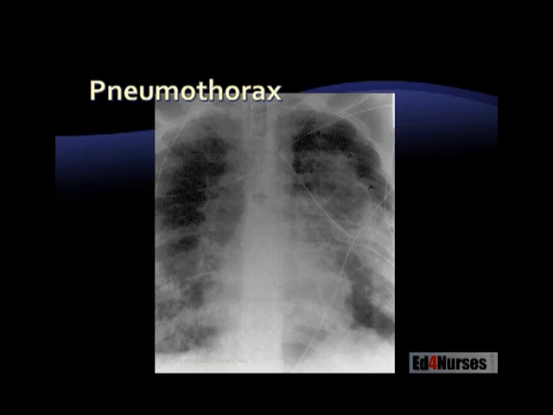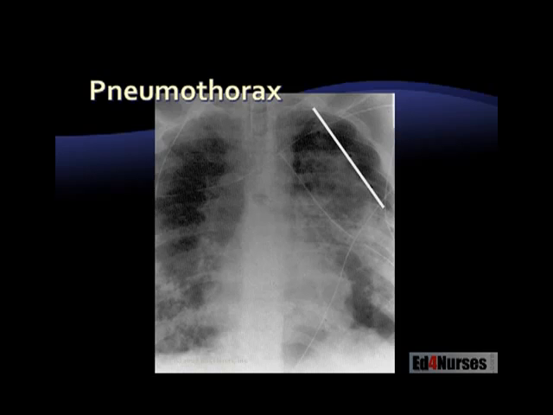All right, now what we're looking for here is a pneumothorax. A pneumothorax is going to look like the lung is not fully expanded. Now, notice over on the left-hand side of your screen, the lung comes all the way out to the chest wall. But on the right-hand side, you notice how there are some arrows here, and what they're pointing to is a line. See that line there? I highlighted it for you.